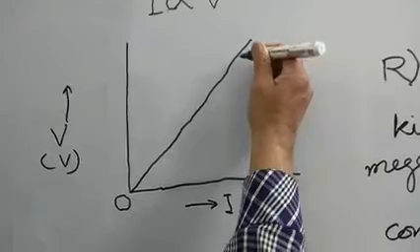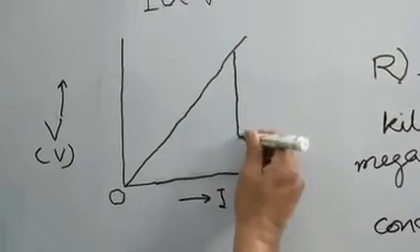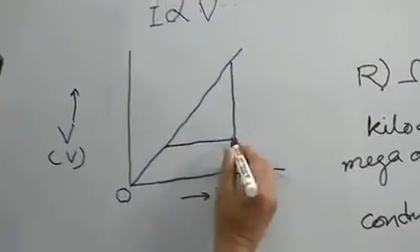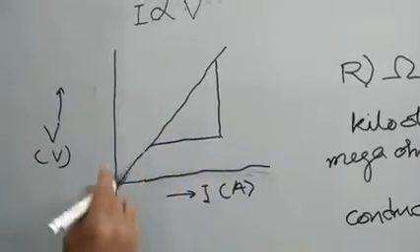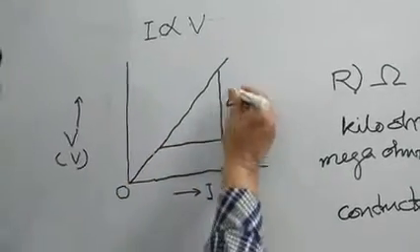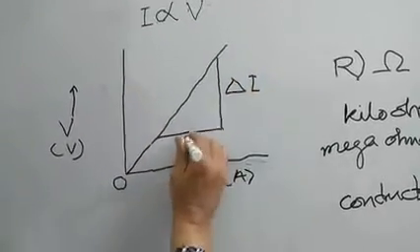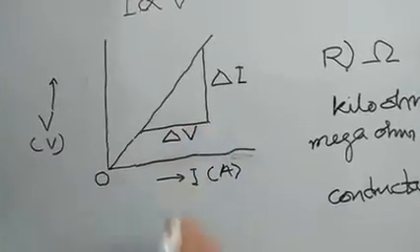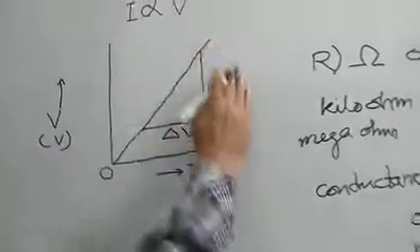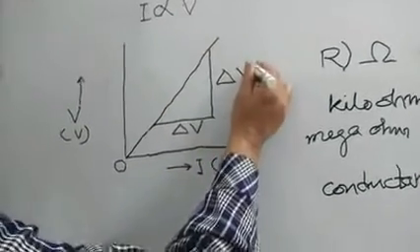And if you want to take a slope of this graph, slope means any triangle made, if this is delta I, and this is delta V. Sorry, delta V will be this side.